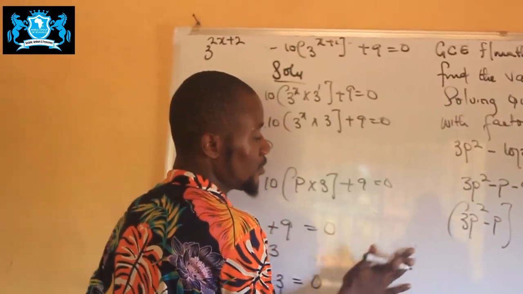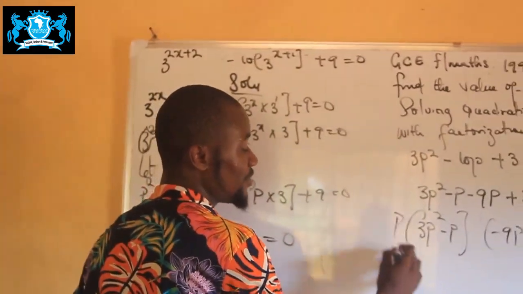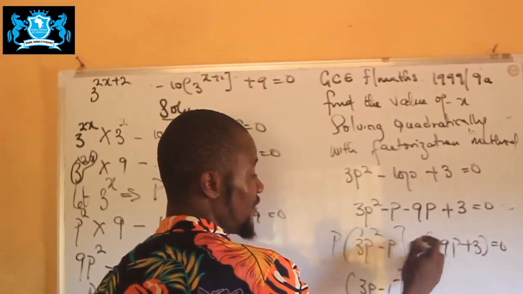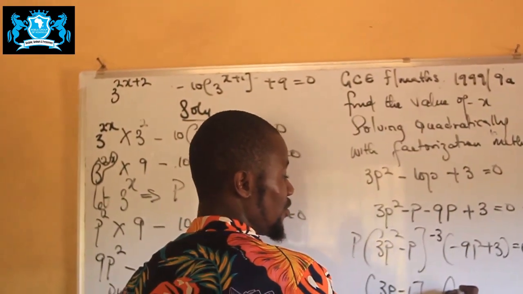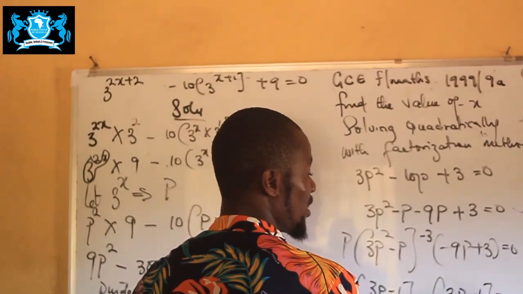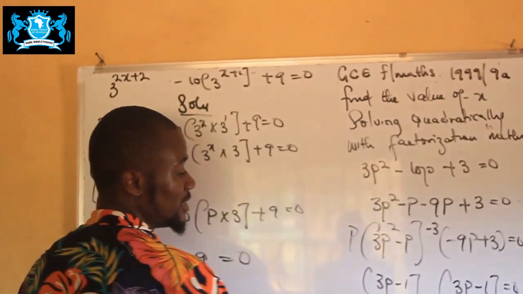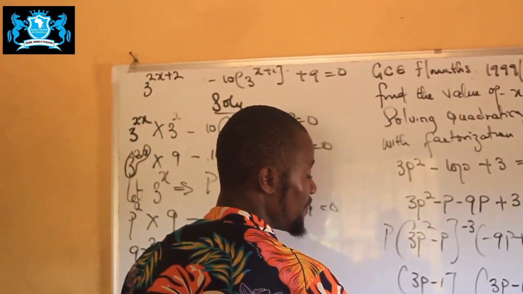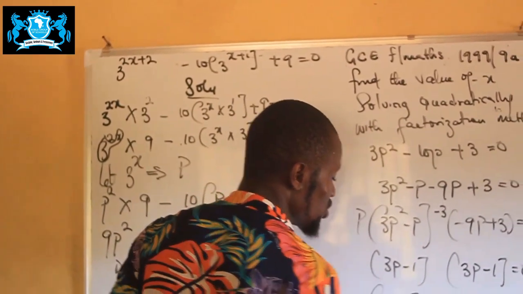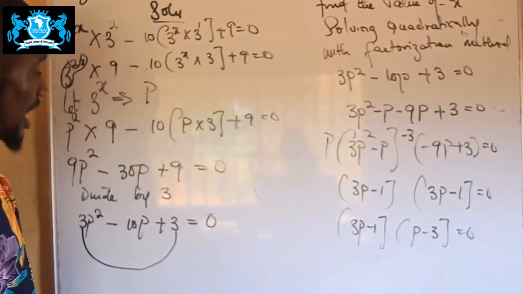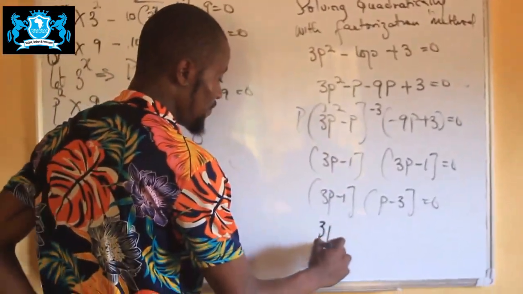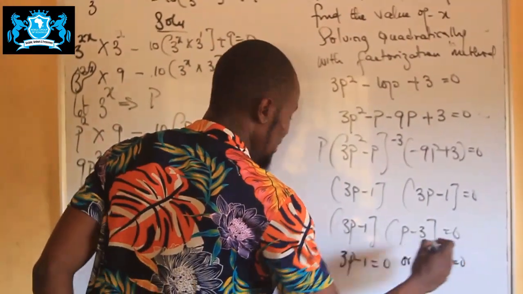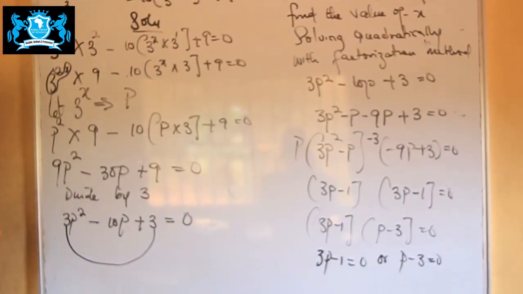Now, what can divide there? We have p, 3p minus 1. What can divide the other pair? We have minus 3, 3p minus 1. These two are the same thing, so you bring out one: 3p minus 1 and p minus 3 is equal to 0. Therefore, 3p minus 1 is equal to 0, or p minus 3 is equal to 0.